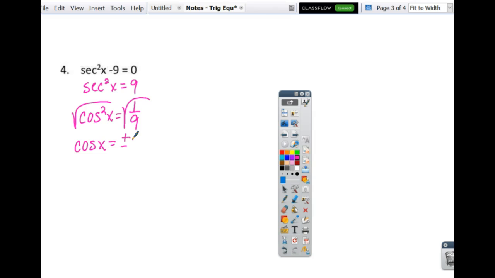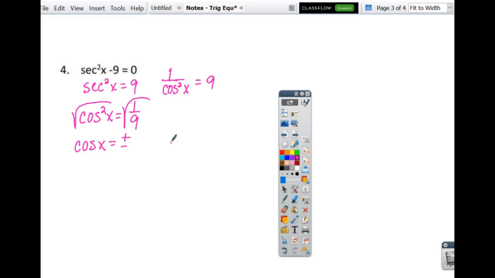Okay, so listen, I did this in one step, but I want you to understand. Look, this is equal to this. When I flipped the cosine squared, I flipped this, so it's not over the 1 anymore. I just didn't write that down.